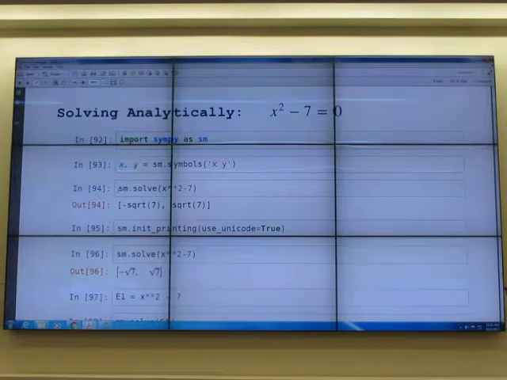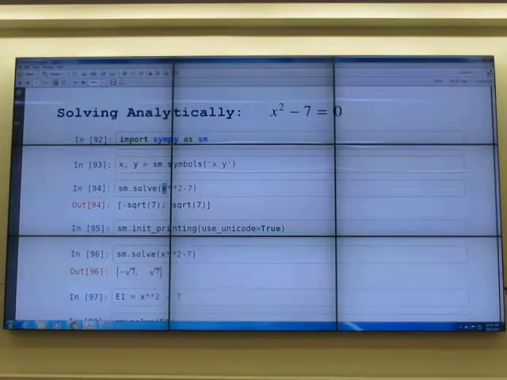So I type SM, which is Sympy.solve, parenthesis x squared minus 7. This x in x squared minus 7 is the symbol. I get minus square root 7 and plus square root 7.